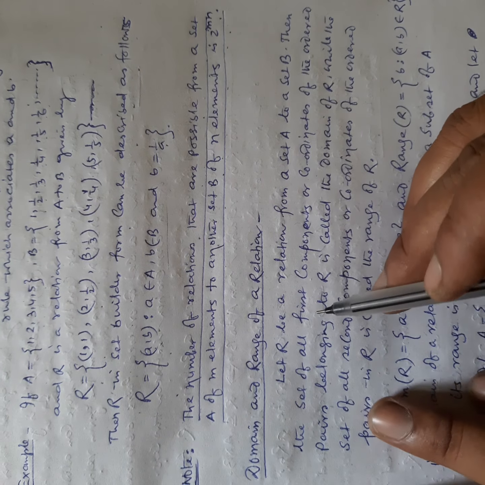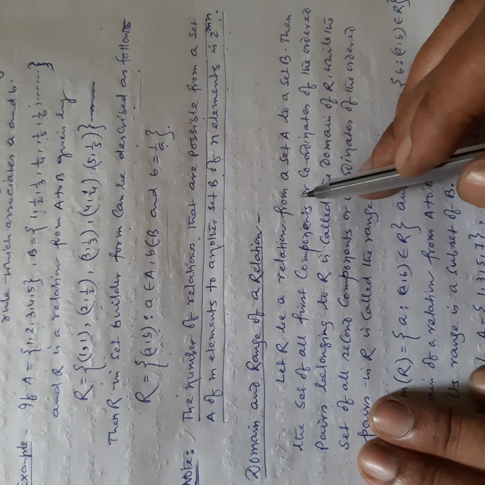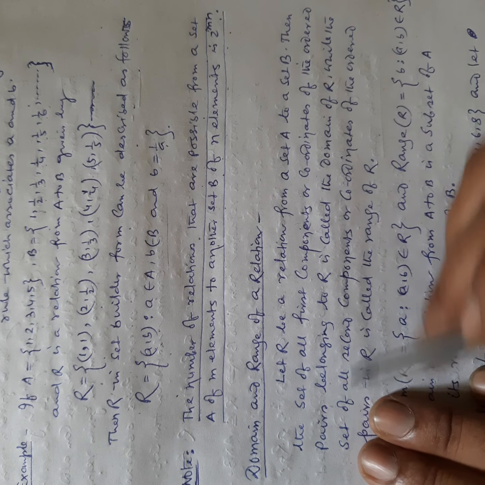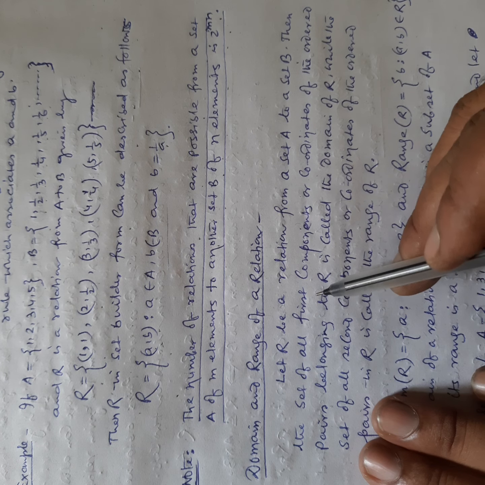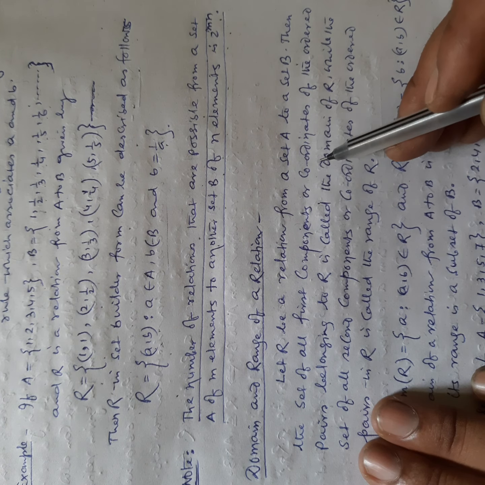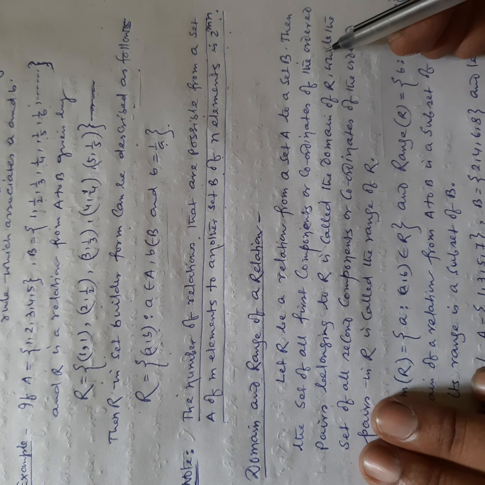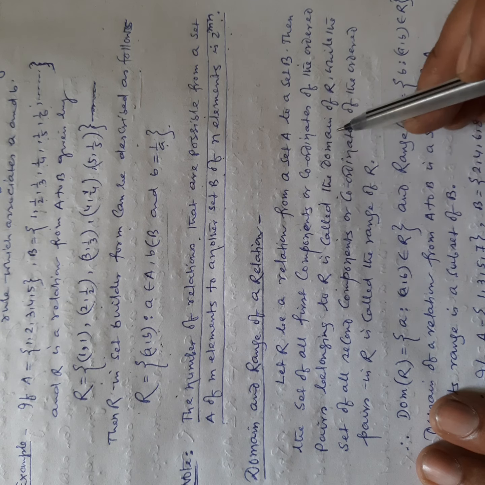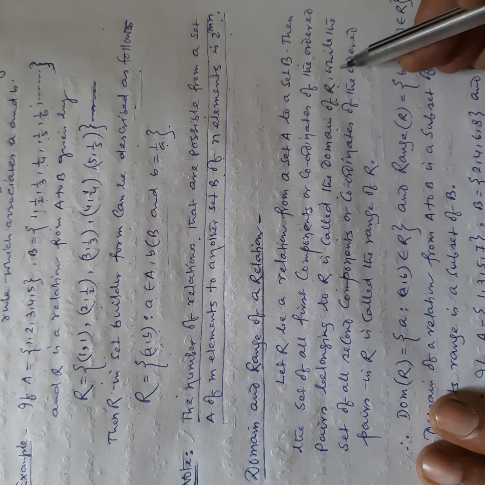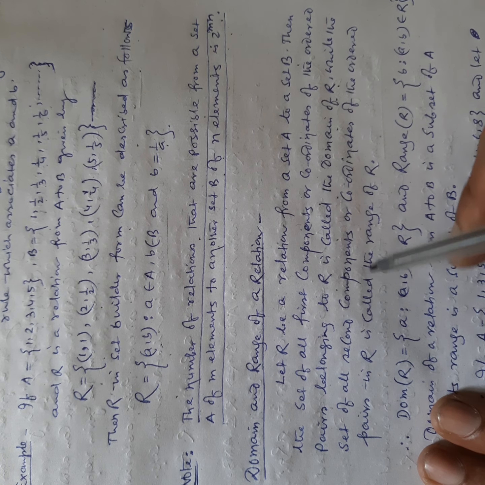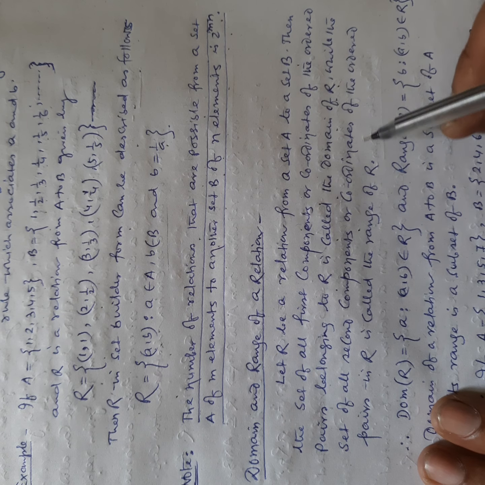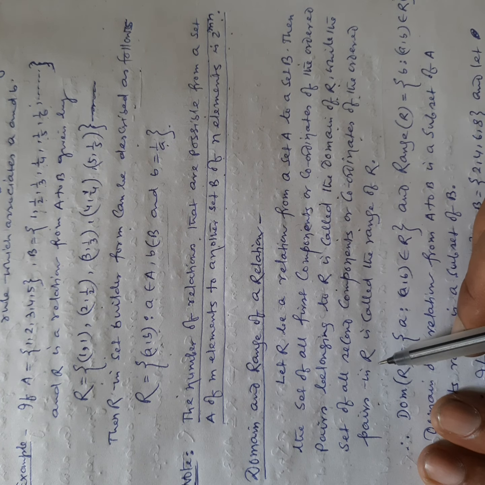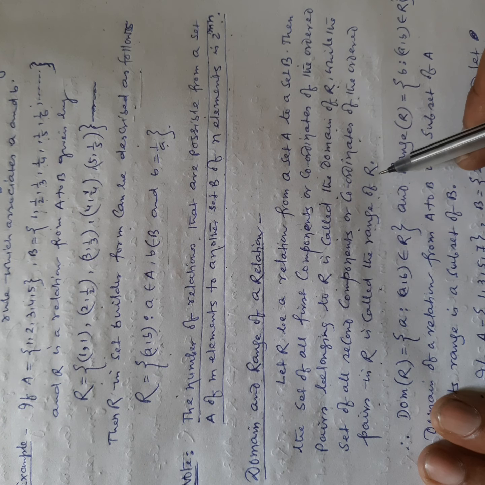Let R be a relation from a set A to a set B. Then the set of all first components or coordinates of the ordered pairs belonging to R is called the domain of R, while the set of all second components or coordinates of the ordered pairs in R is called the range of R.